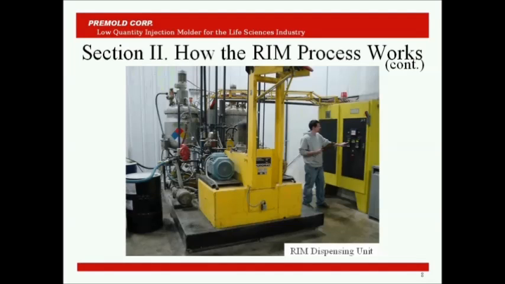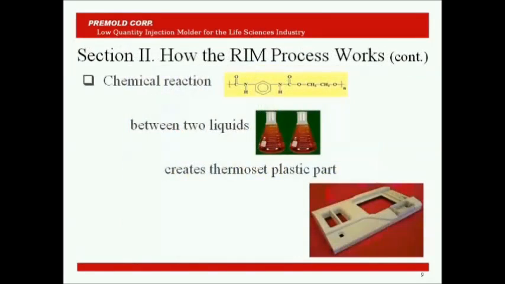Now, as soon as the two liquids of the resin system are mixed, a chemical reaction starts between the two liquids and creates a thermoset plastic part. That's really at the heart of the RIM process and the nature of the RIM system.